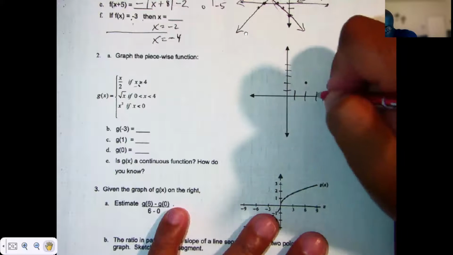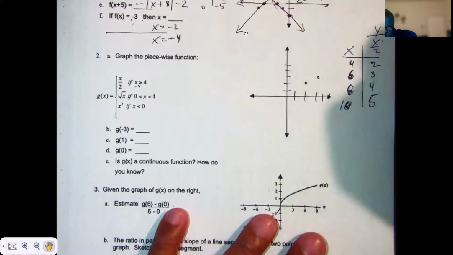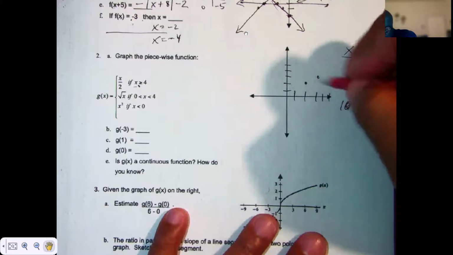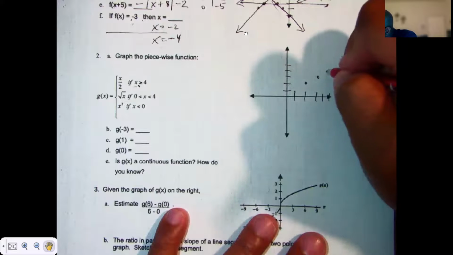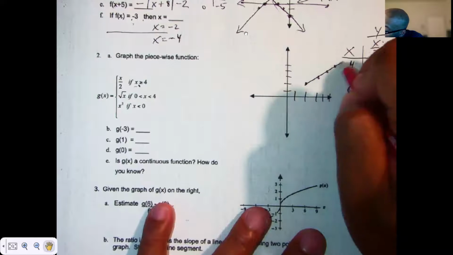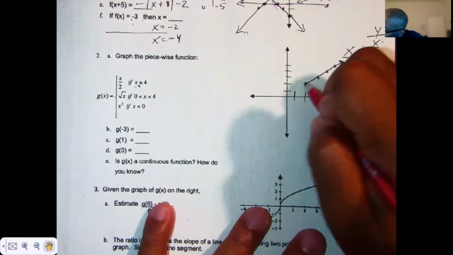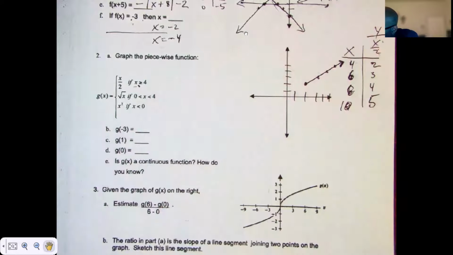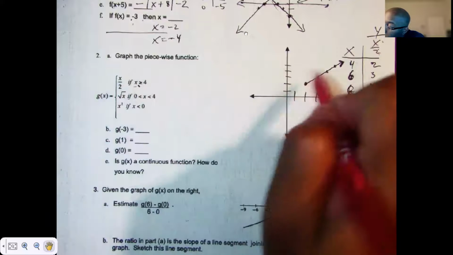When it's 6, it's going to be 3. 8 is 4. 10 is 5. It's a linear function to this point. Okay, I know it's linear because I just see x.